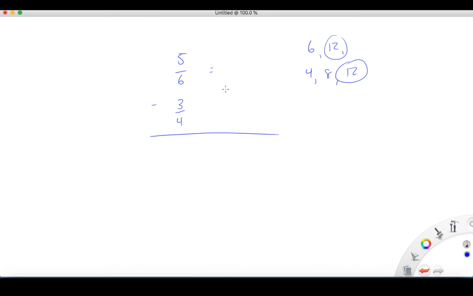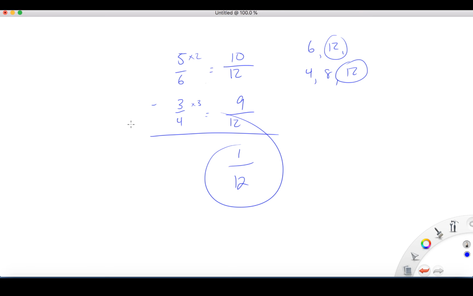There's my commonality. So we need to change these to common denominators of 12. 6 times 2 equals 12, so we multiply 5 by 2 and get 10. 12 on the denominator here, we know that's 3, so 3 times 3 equals 9. 10 minus 9 is 1, and we keep the denominator. There's our answer, 1/12.